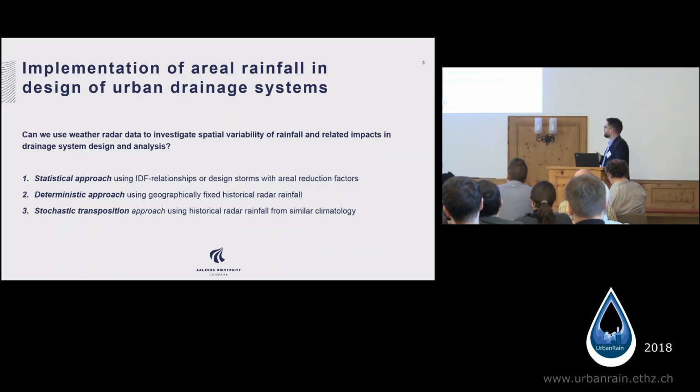And then a deterministic approach where we use radar data as input to models, and finally a stochastic approach where we also use radar data in a model, but I'll get back to that.